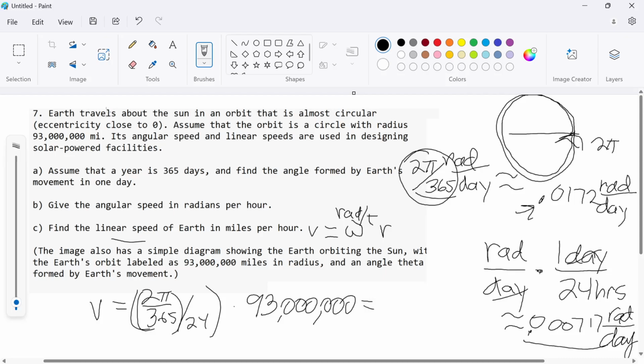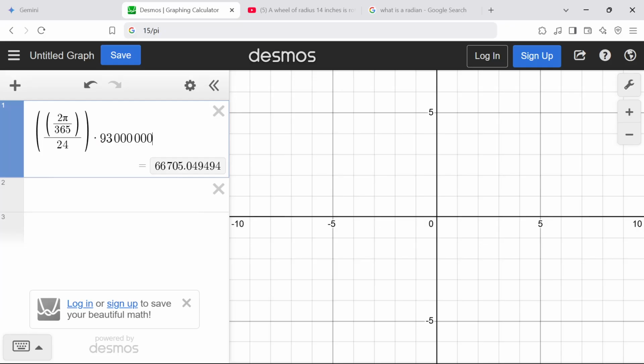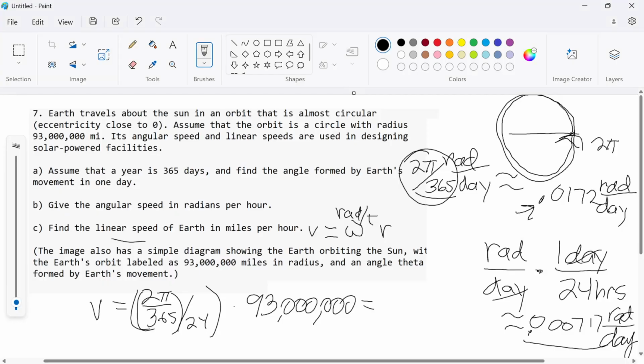Remember, when you multiply the angular speed in radians per time times the radius, you're going to get whatever units the radius is, divided by time. So this times 93 million is approximately 66,705 miles per hour, and that's what it asks for, miles per hour.